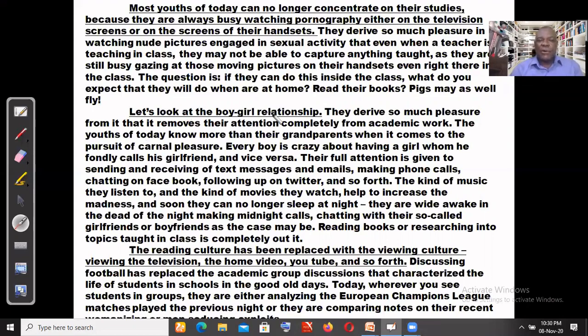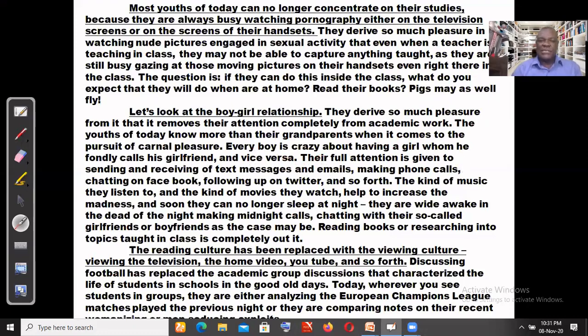Let's look at the boy-girl relationship. They derive so much pleasure from it that it removes their attention completely from their academic work. The youths of today know more than their grandparents when it comes to the pursuit of carnal pleasure. Every boy is crazy about having a girl whom he fondly calls his girlfriend and vice versa.